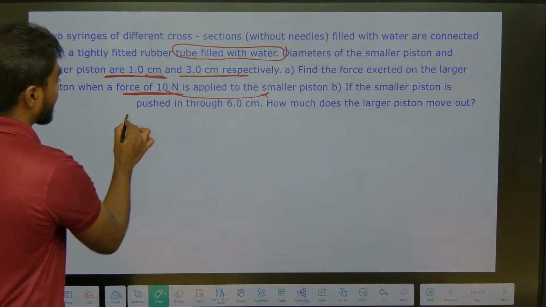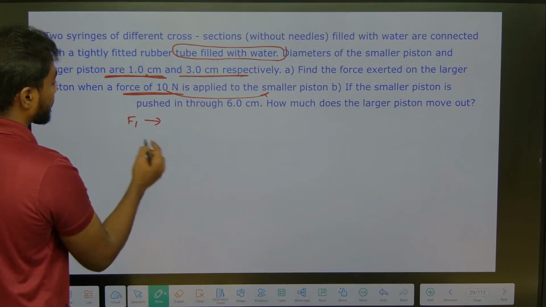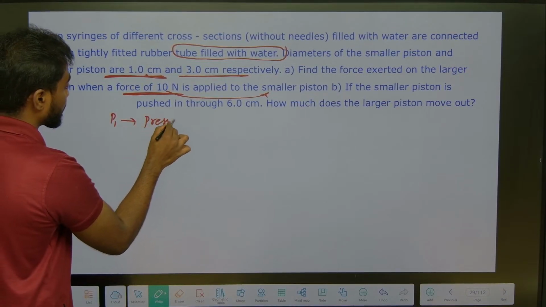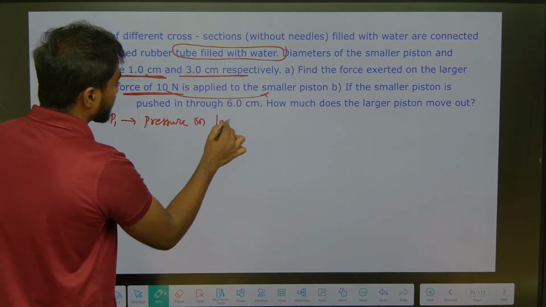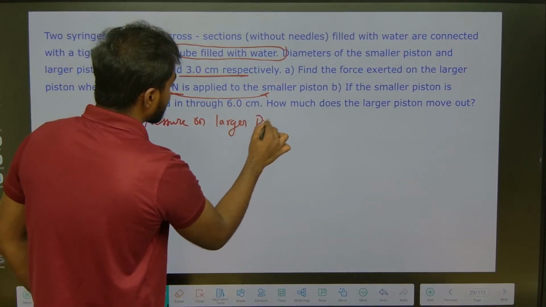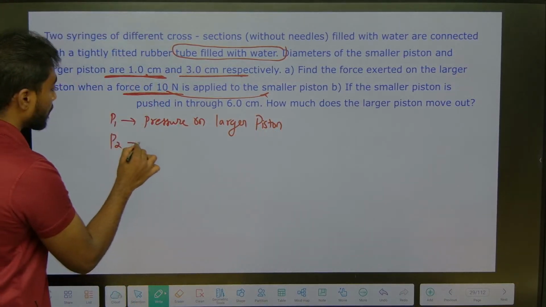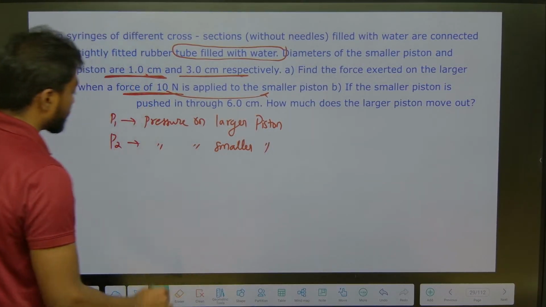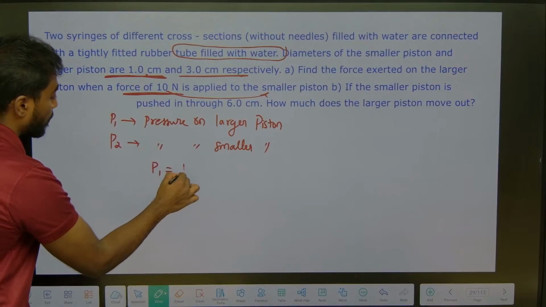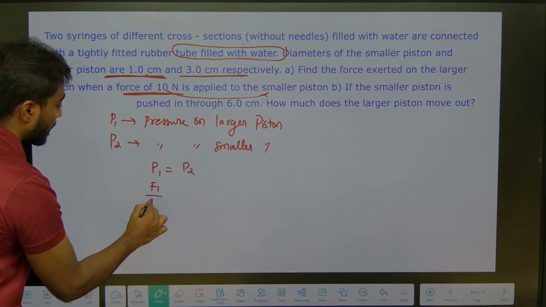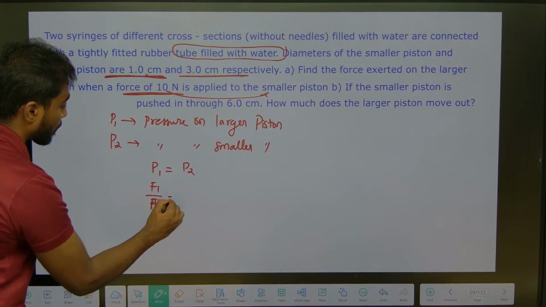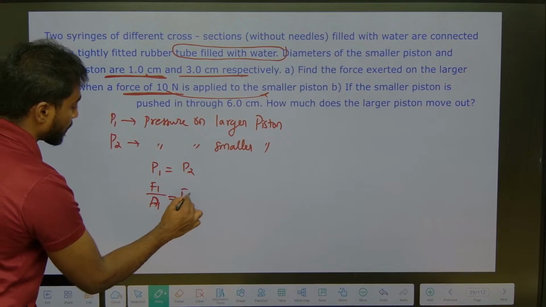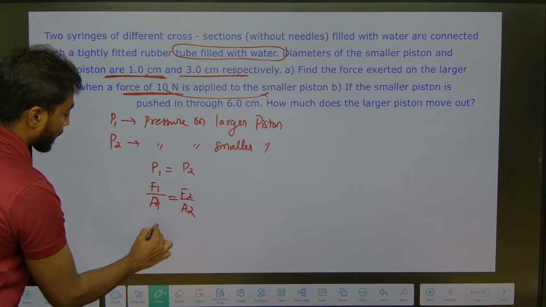Let me take P1 as the pressure on the larger piston and P2 as the pressure on the smaller piston. P1 equals P2, so F1 by A1 equals F2 by A2, where I need to find F1.